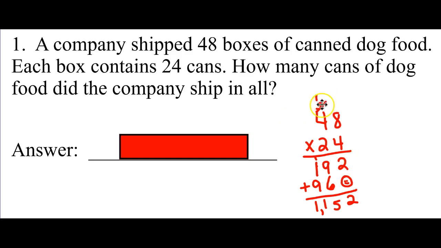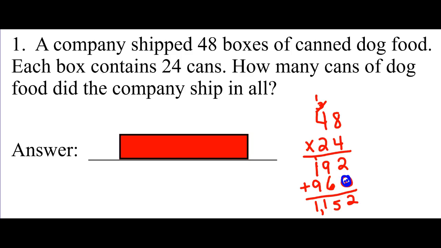And then I made sure I crossed off my regrouping mark before I went to 2 times 48. And I made sure that I put my smiley face 0 right here to hold that place, and then I did 2 times 48 and got 96.